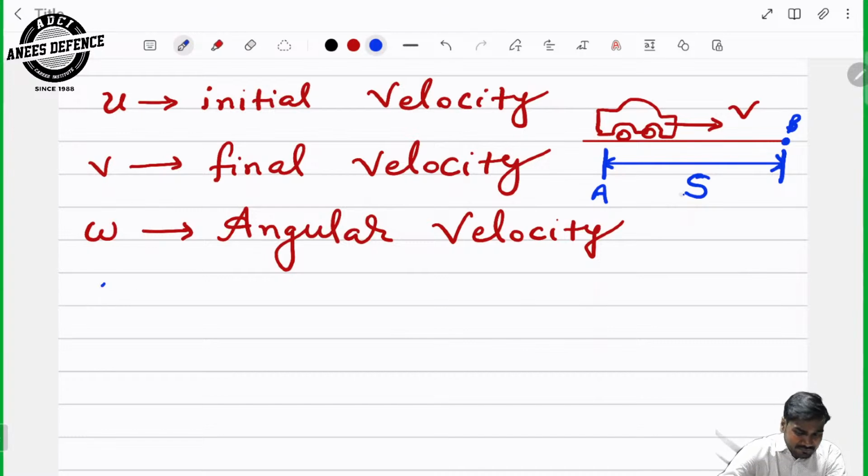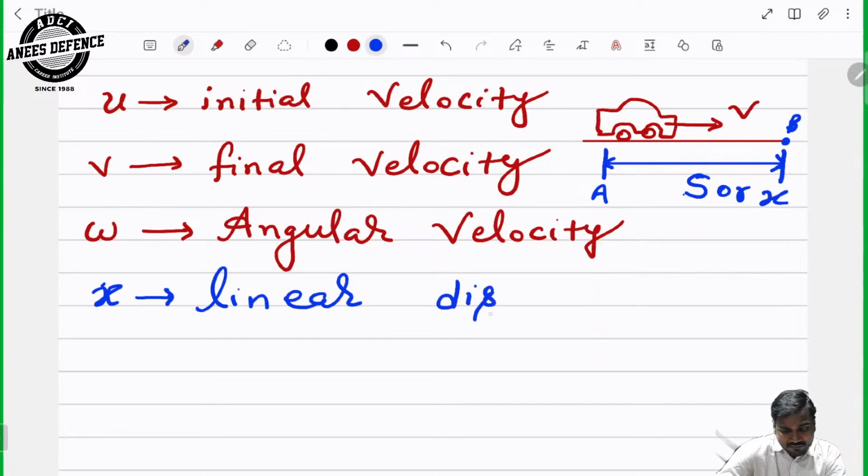Listen, the symbol of linear displacement is sometimes S, sometimes x. So x is linear displacement.